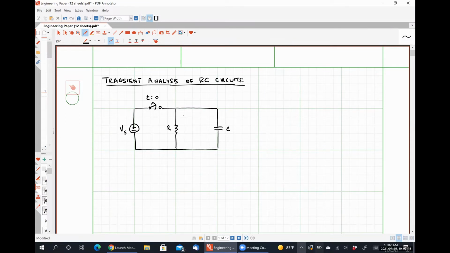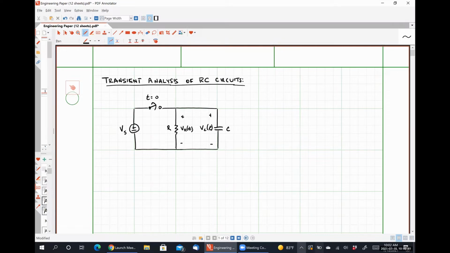And let's say that our voltage drop over our resistor will have this polarity. Let's call it VR as a function of time. And our capacitor will have a similar voltage, VC, as a function of time.